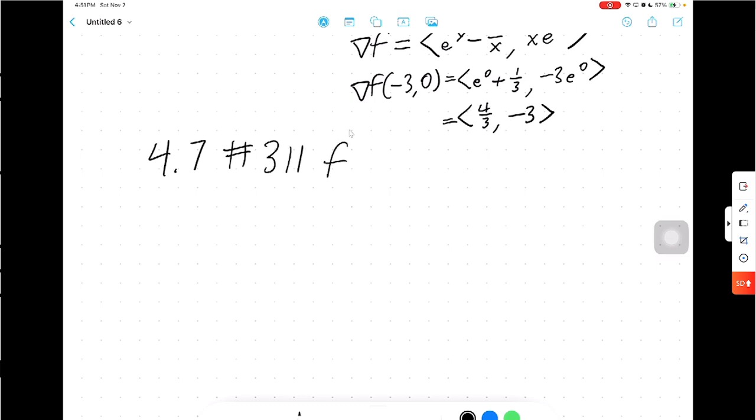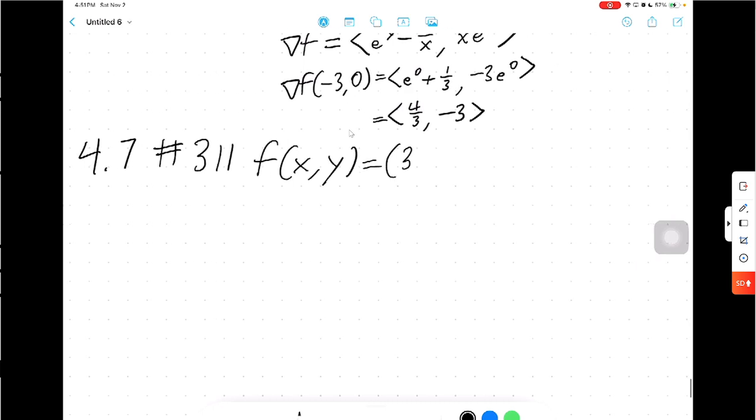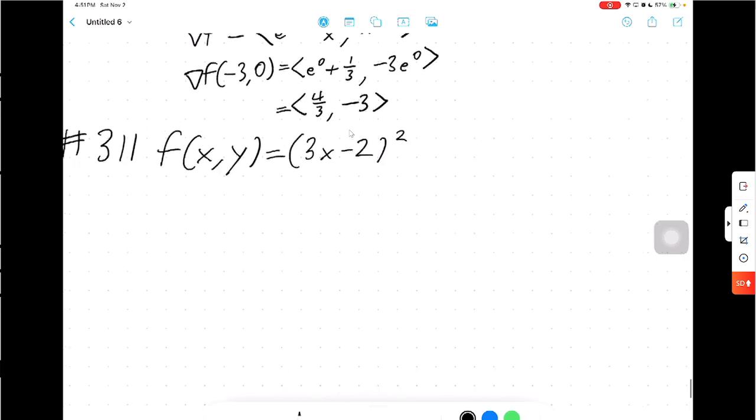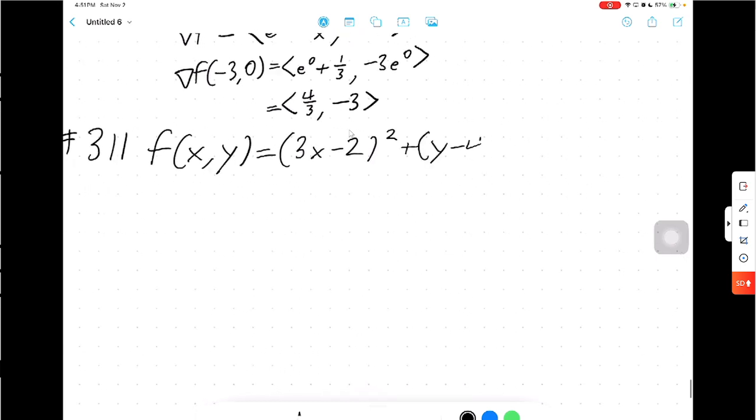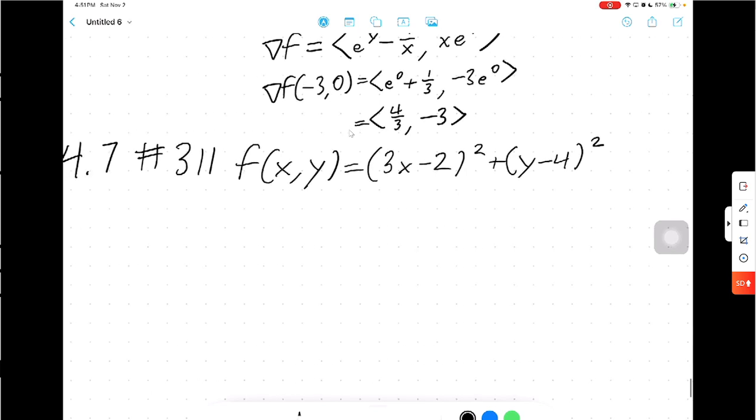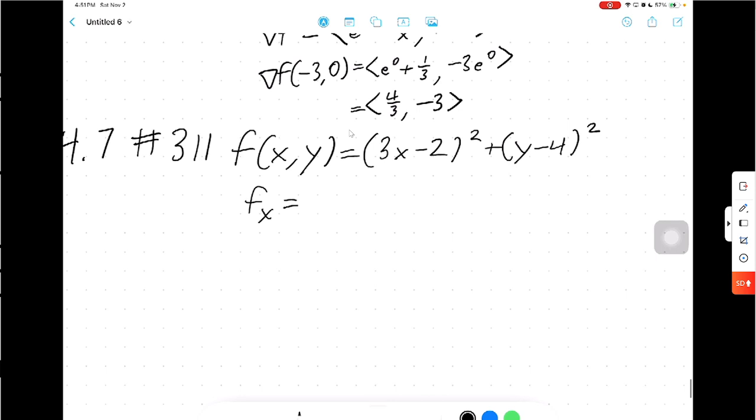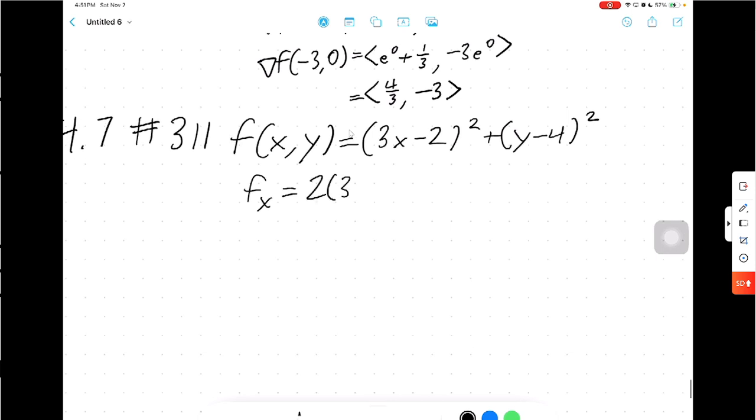311. This is just critical points for now. Find all critical points. So we're just going to do the partial derivative with respect to x. So this is just 2 times 3x minus 2 times the derivative of the inside.